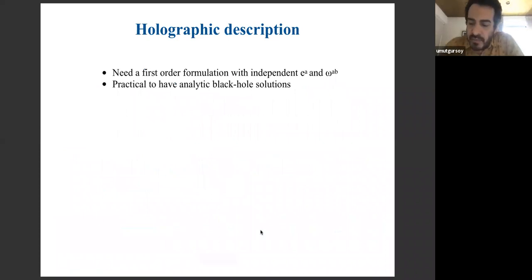Okay, so now the holographic description. This is going to become more and more uncontrolled as we go towards holography, because I don't really know if all I've described so far can be described in a usual second order holography in a non-trivial way.